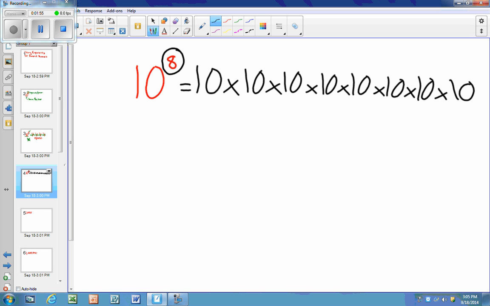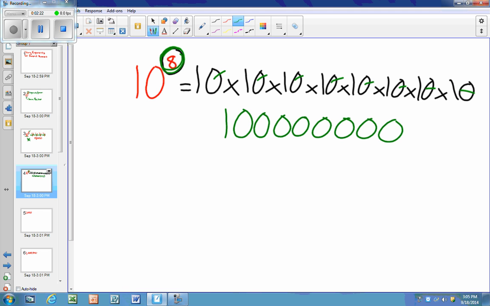So I have 8 tens up there, and that is equal to, we put the 1, and then we count how many zeros, 1, 2, 3, 4, 5, 6, 7, 8. So I know that's how many zeros that I need. If you notice, the 8 also matches the 8, which is the exponent, so I don't need to write all the tens out. I can use the 8 as the exponent to know that I need 8 zeros. And I get 100 million.